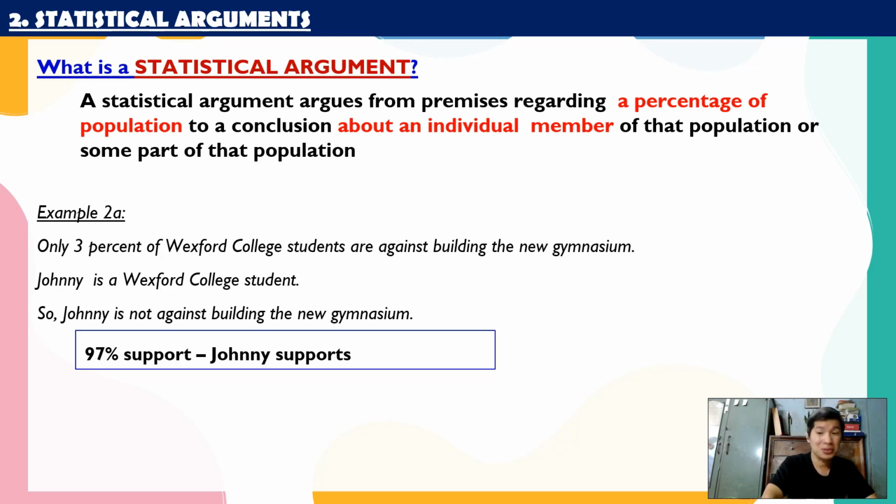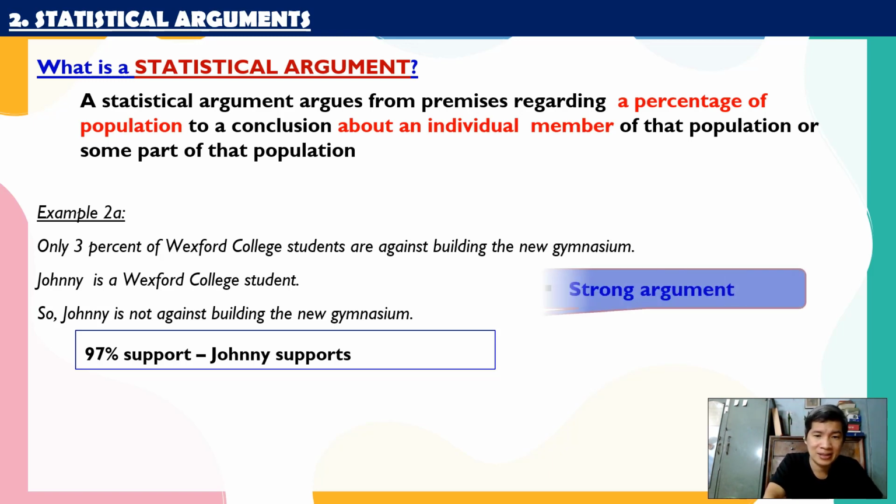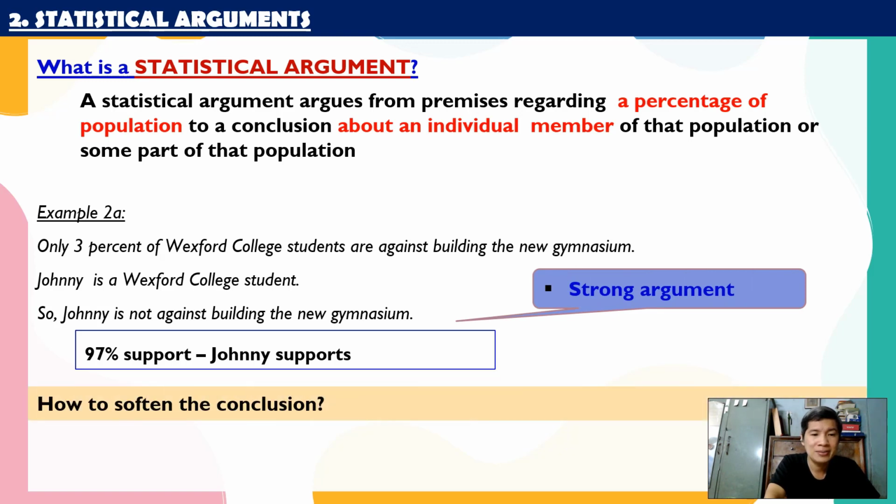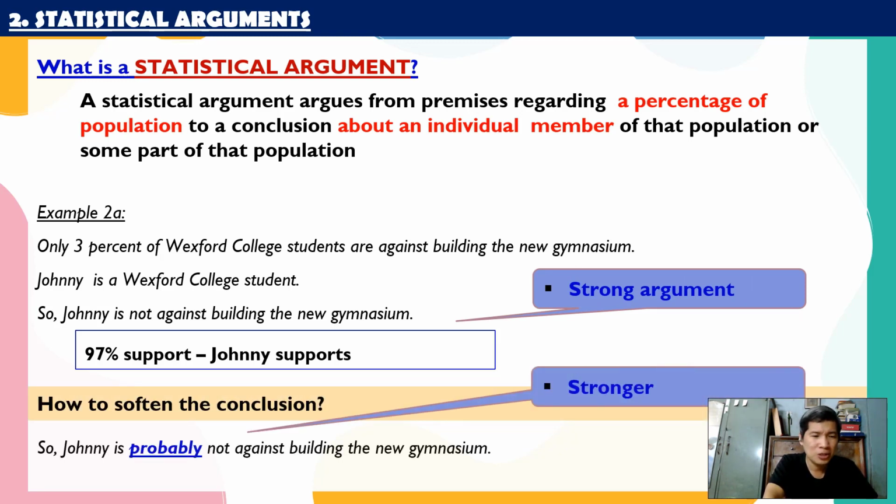It means Johnny supports. High possibility, is it right? Yeah, to be among the 97%. This is a strong argument. If we soften the argument, Johnny is probably, it becomes stronger, because we allow chances for other possibilities, although it's just 3%.